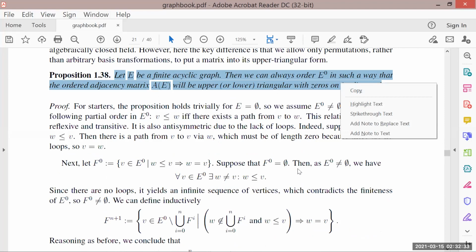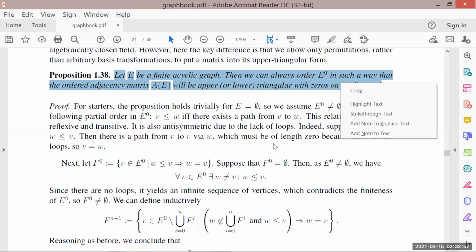But we'll need this fact from the proof. So remember, this wasn't so completely trivial proposition, which claimed that if I have a finite acyclic graph, so these are assumptions, then I can always order E0 in such a way. And now the claim is about the adjacency matrix. Now we're going to do something similar, but it's not the adjacency matrix.